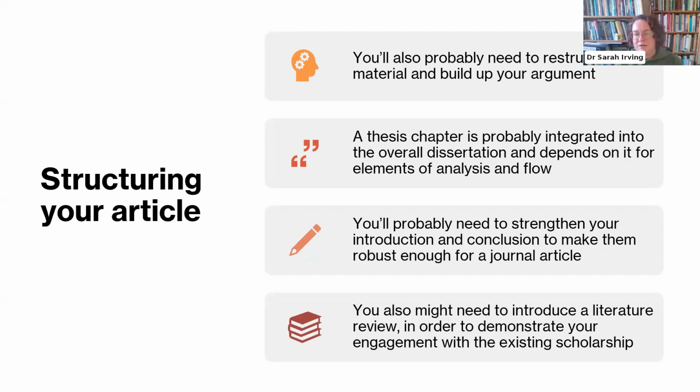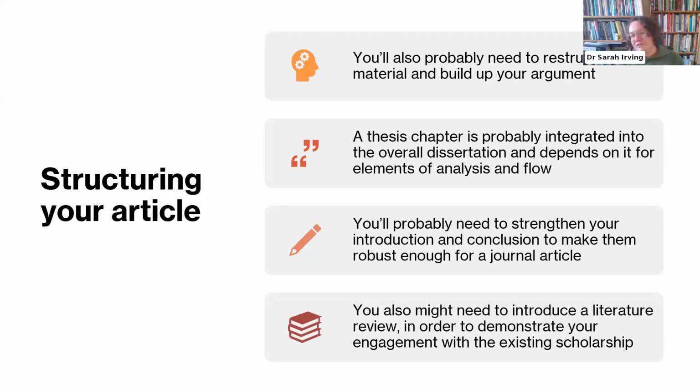You may well need to also do things like clarify bits of the data, bits of the historical flow, bits of the empirical sections, because again, a thesis chapter is obviously deeply integrated into the overall dissertation.